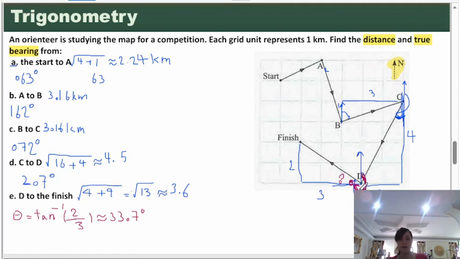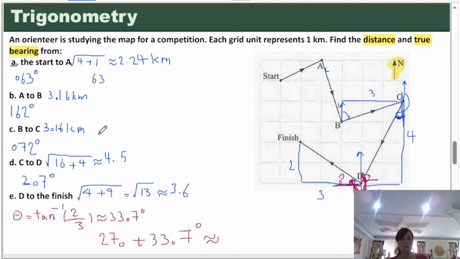And then I will add it up with 270, which we see when I stand here, it would be 90, and this is 270, plus this degree, which gives me 33.7.